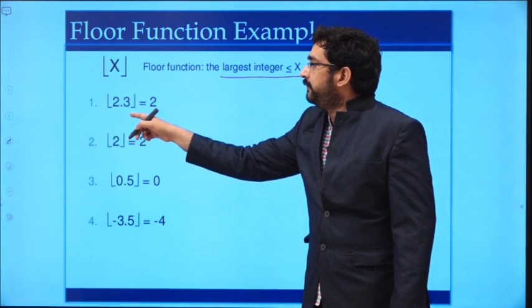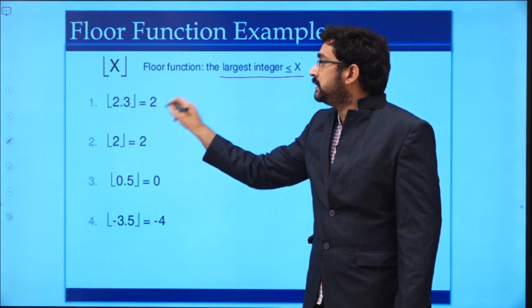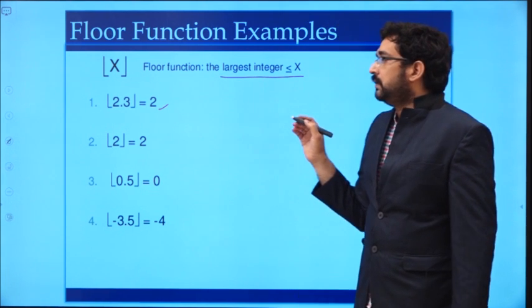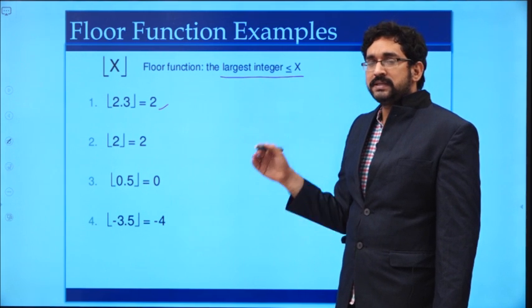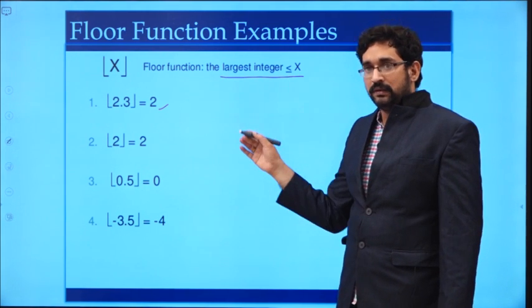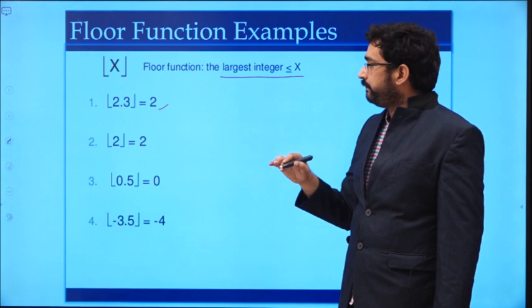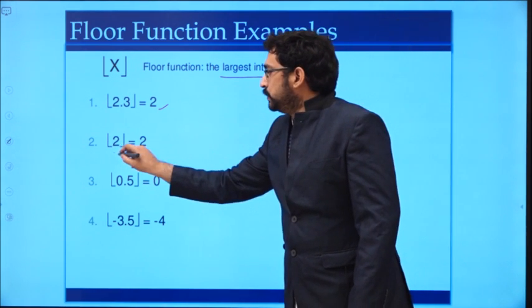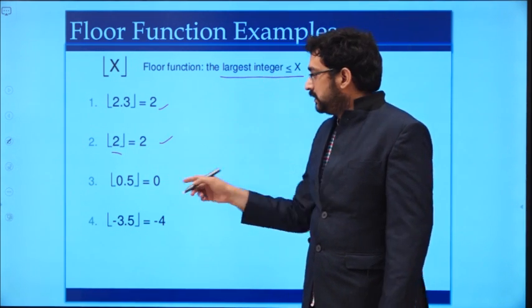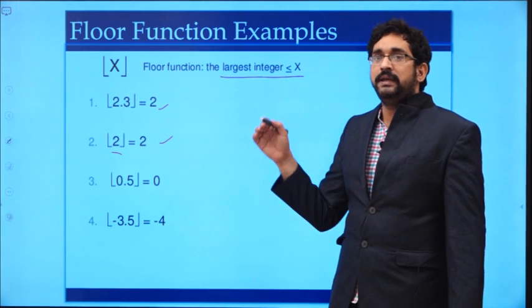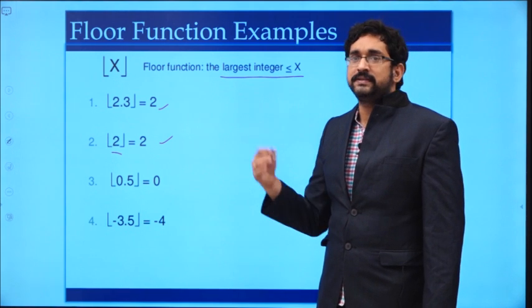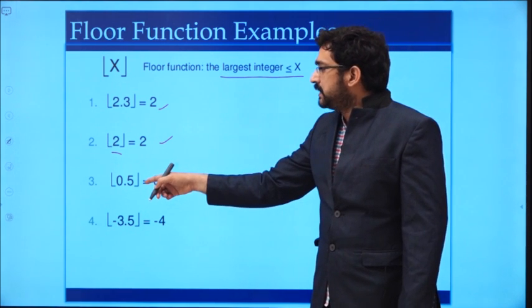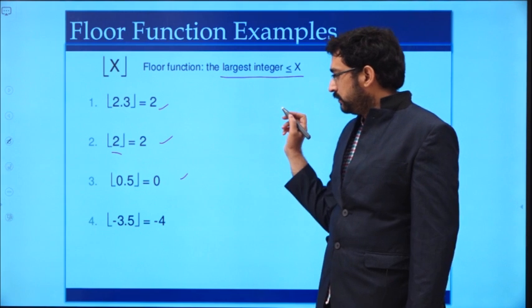That's why the floor function of 2.3 is assigned 2. Next, for 0.5, the integer which is less than 0.5 is 0, so the floor function of 0.5 will be 0.